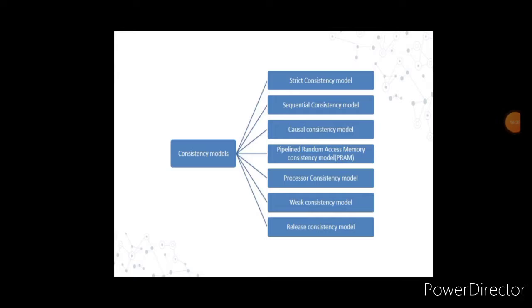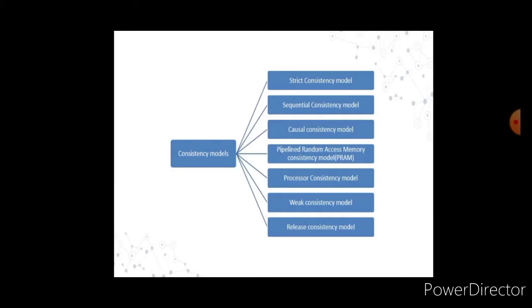Next model is the release consistency model. In this model, all changes made to memory by a process are propagated to other nodes, and changes made to memory by other nodes are propagated to the process's node. It uses two synchronization variables, acquire and release.